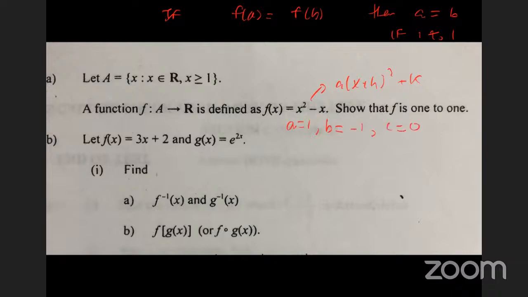Okay? h is -b on 2a, so that'll be -1 on 2. So h is -1/2. And k is c minus a h squared. c is 0, a is 1, and h is -1/2 squared. So I got -1/4. So f of x is really 1 by (x - 1/2) squared - 1/4.